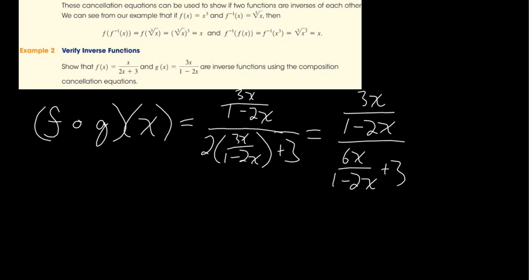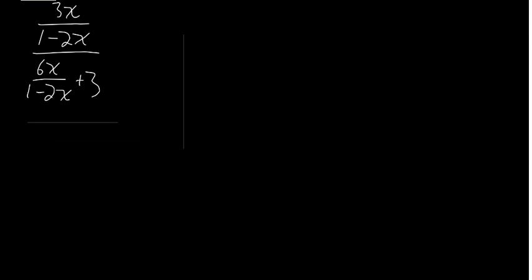Now, like I said, we have to get a single fraction in my denominator, and let's snip this to the next page, because I feel like it's going to be pretty messy pretty fast. I'm running out of space. To get that single fraction in the denominator, I need to multiply this 3 by 1 minus 2x over 1 minus 2x.